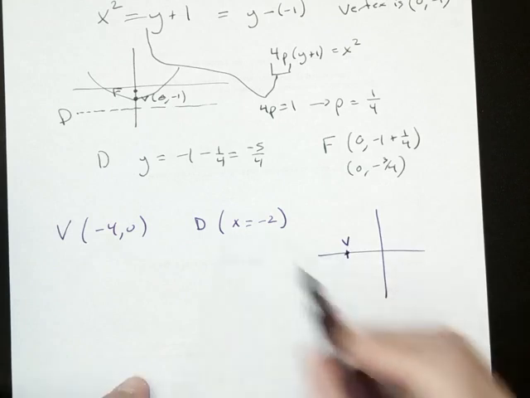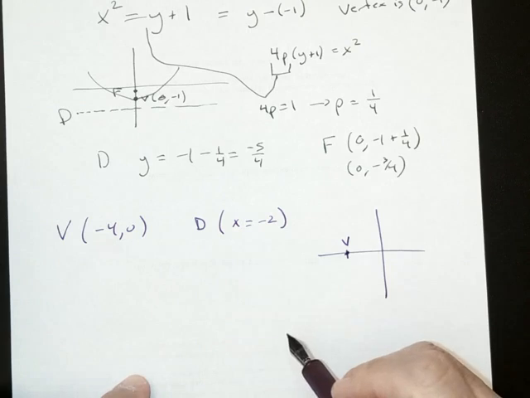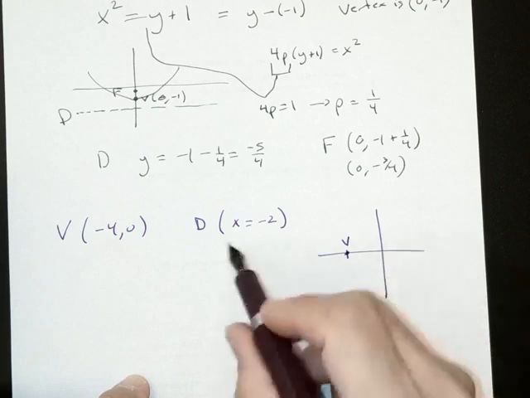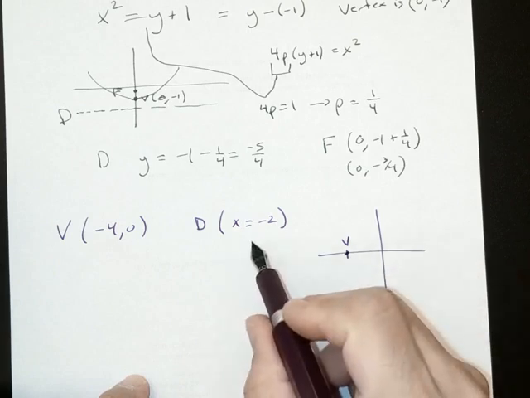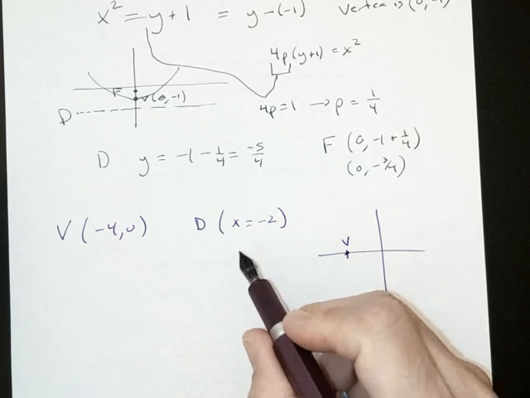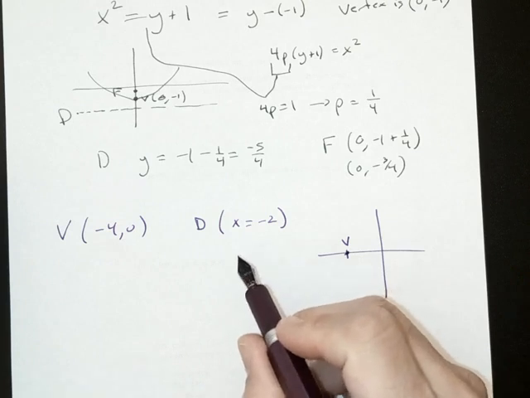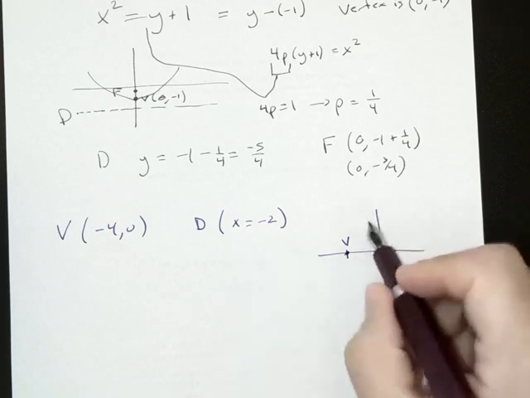And if my directrix is x equals negative 2, what kind of a line is that? Horizontal, vertical, diagonal, what kind of a line is that? Vertical line, right?